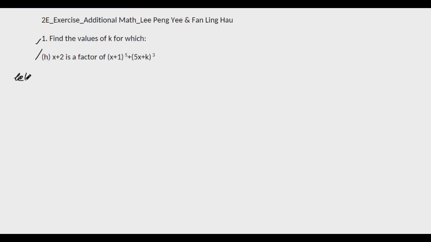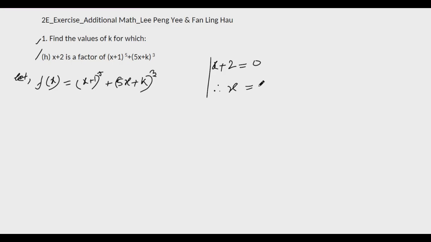Now come to 1h. First let f of x is equal to (x plus 1) to the power 5 plus (5x plus k) to the power 3. Now we should find the value of x by putting x plus 2 is equal to 0. So x will be minus 2.